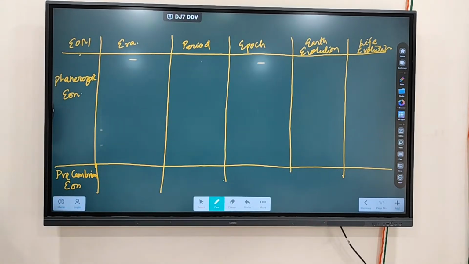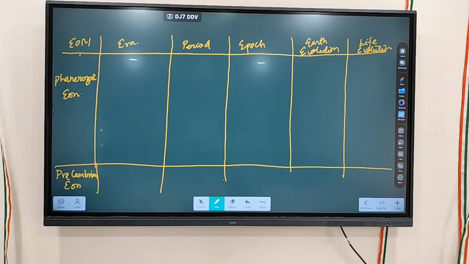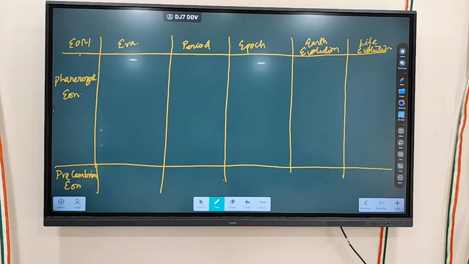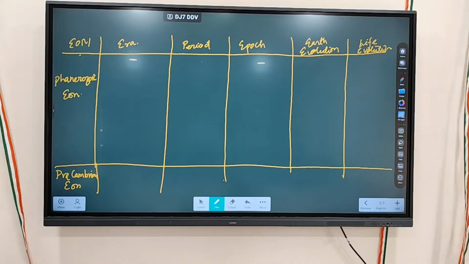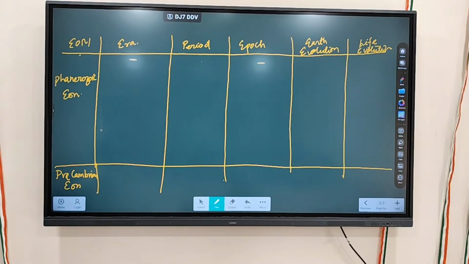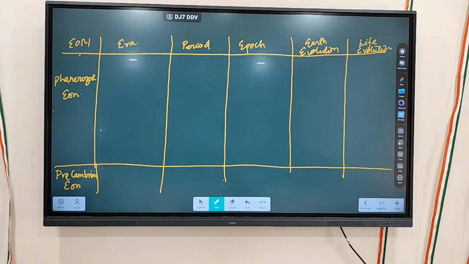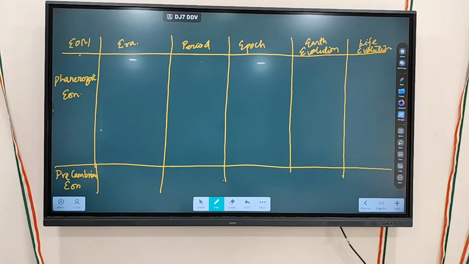So two divisions: the Precambrian eon and the Phanerozoic eon.